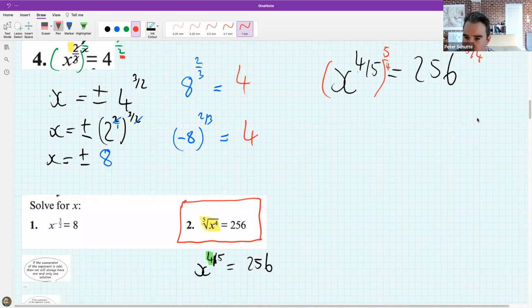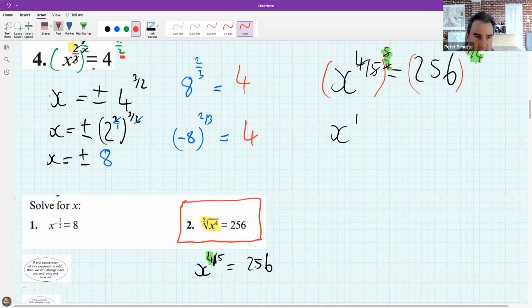I'll let you use your calculators on this one. So for this one, what we're doing is we're raising both sides by the reciprocal of the power that's there. So it was 4/5. So both sides are now being raised to the power of 5/4.